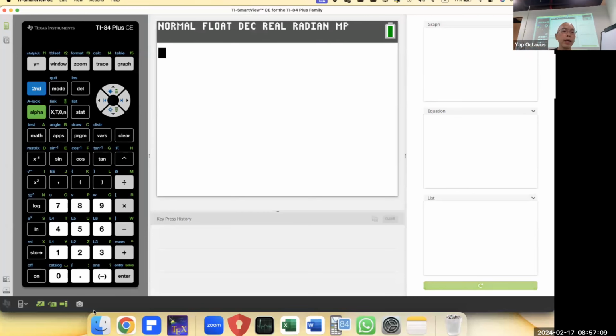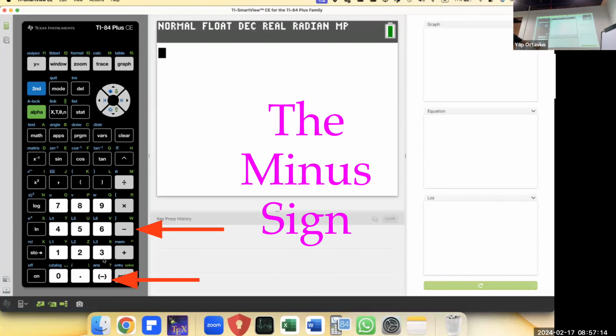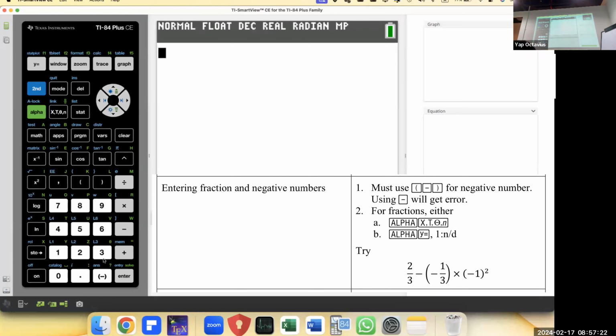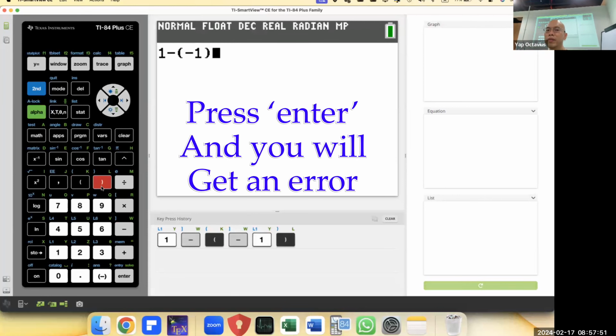Okay, so come. One important thing is, number one, your minus sign and this minus sign, there are two different ones already. The GC doesn't recognize -1 like what you did on here. You try key input like this. You try 1 minus, then you put bracket, then you put this -1. It will give you error.